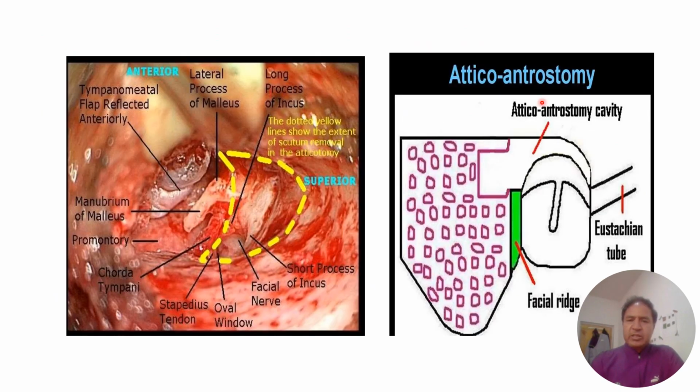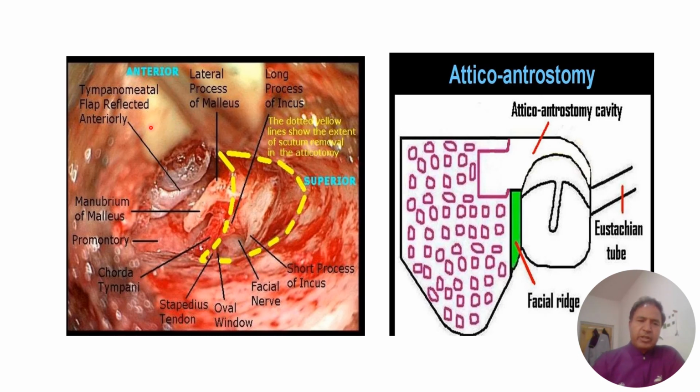You can see this is atticoantrotomy. We have cut the attic and the antrum. Facial ridge, as well as the eustachian tube, we didn't do anything anywhere. Now here you can see this is the lateral process of malleus. This is the superior section.